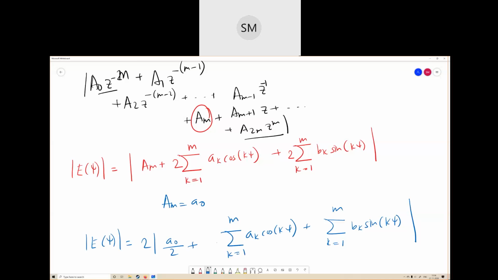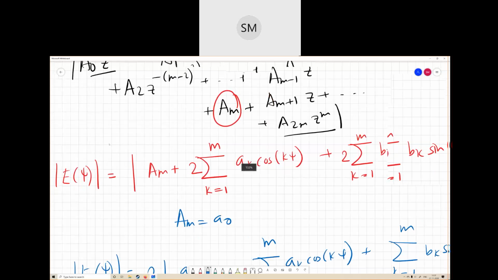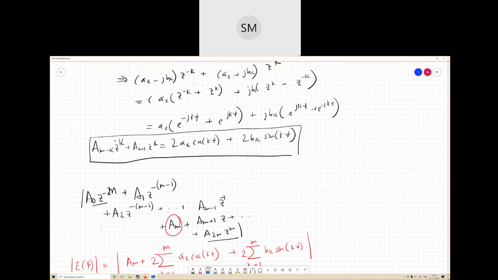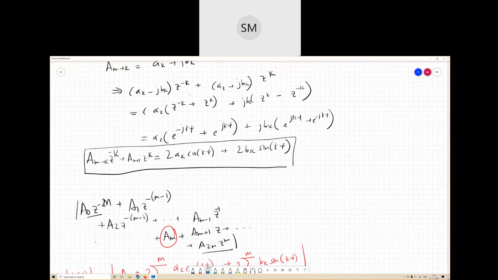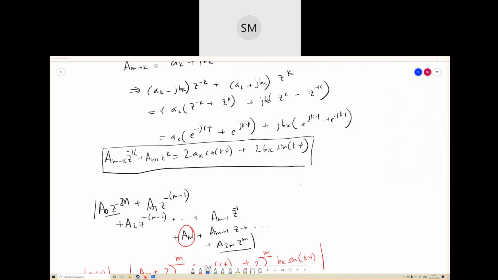And how to find the values of these terms? Check it here.